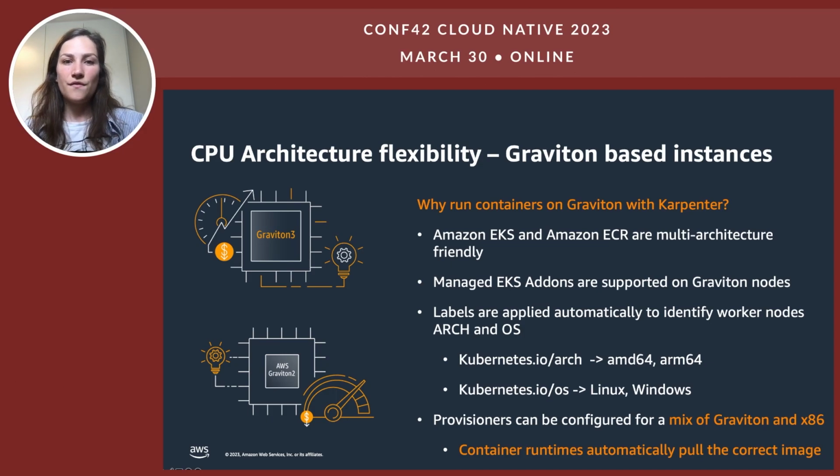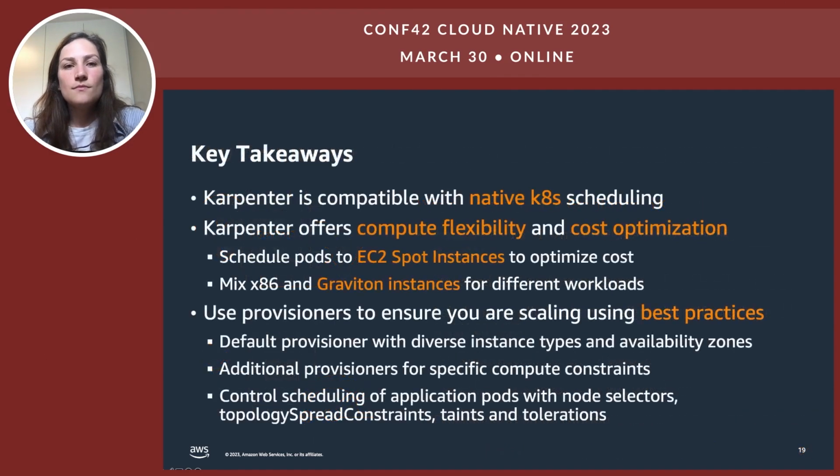On the other hand, if you got an Intel-based instance, the multi-architecture container manifest will pull the container image that is suitable for x86 processors. So Karpenter really simplifies the combination and the usage of different processors inside worker nodes in Kubernetes.